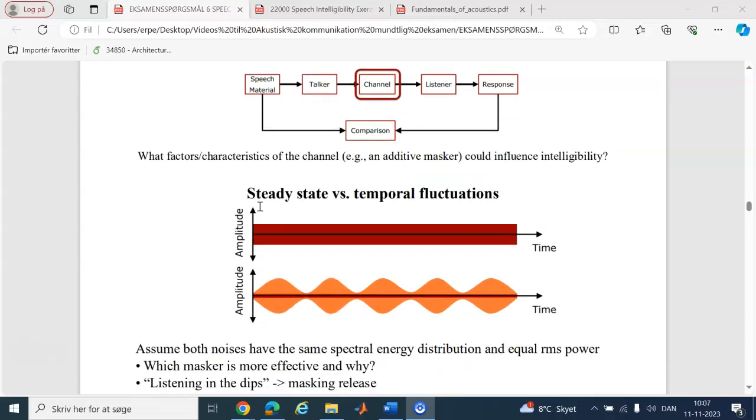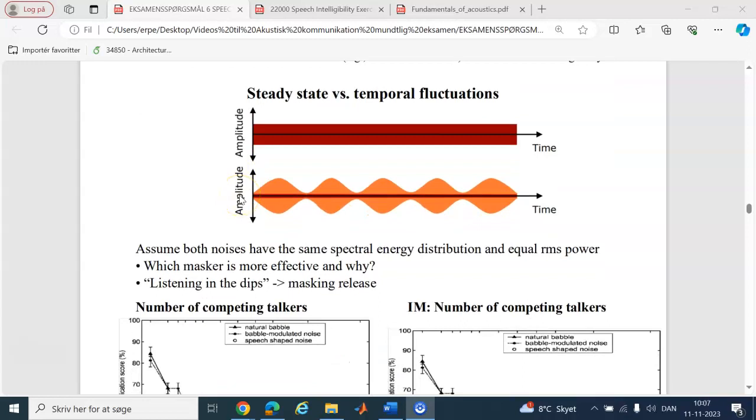What factors characteristic of the channel, for instance an additive masker, could influence intelligibility? We have steady state versus temporal fluctuations. We have a steady state masker with a certain amplitude, and a modulated masker with alternating, varying amplitude.